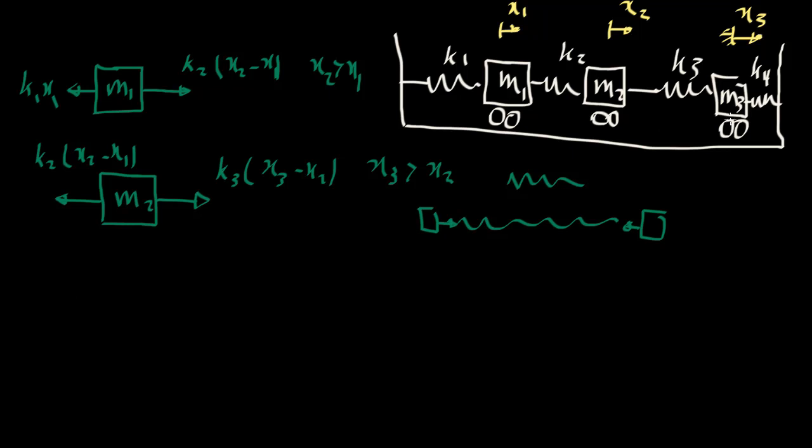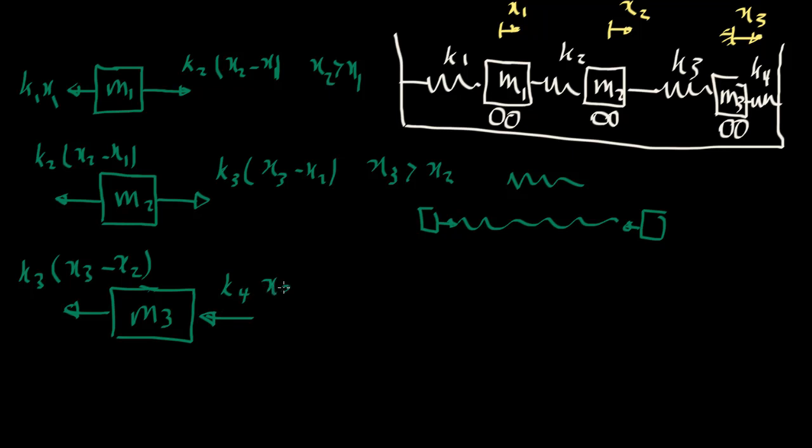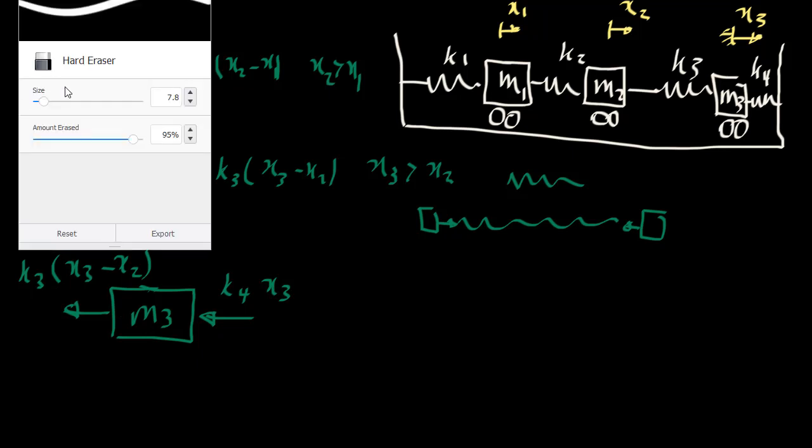And for mass M3, we have to have this force in this direction, K3 times x3 minus x2. This is m3. And this force would be in this direction. So this would be k4 x3. So now that we have the free body diagrams, let me erase this.